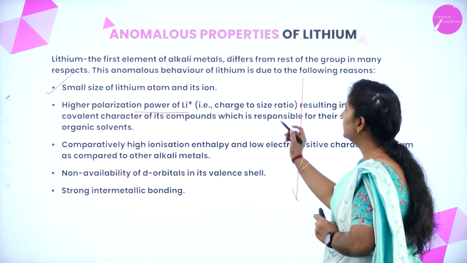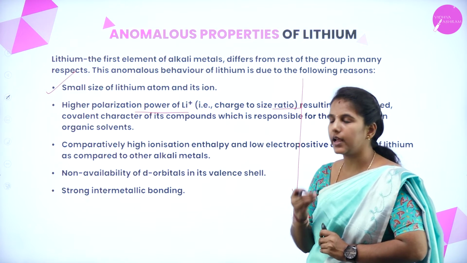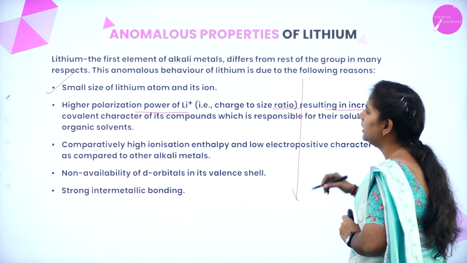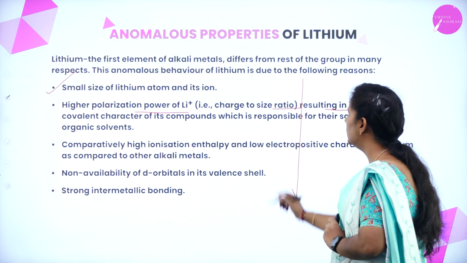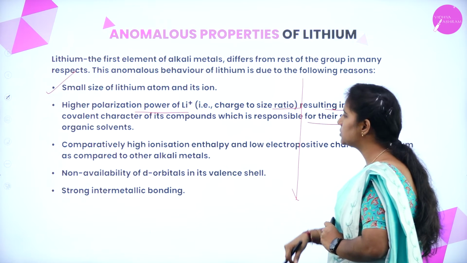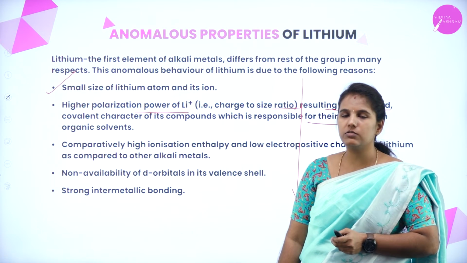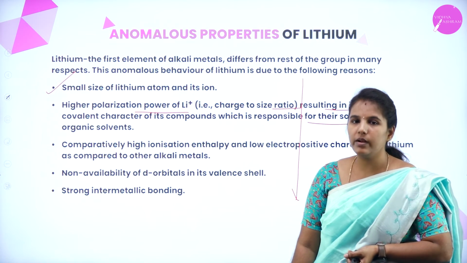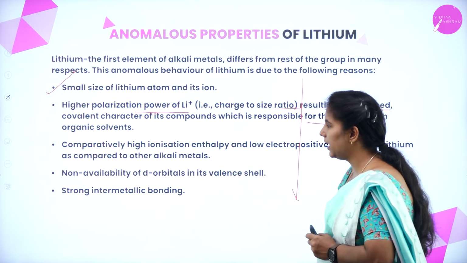The charge to size ratio is known as polarizing power, resulting in increased covalent character of its compounds, which is responsible for their solubility in organic solvents. All lithium compounds are soluble in organic solvents only because of the high polarity of their nature.